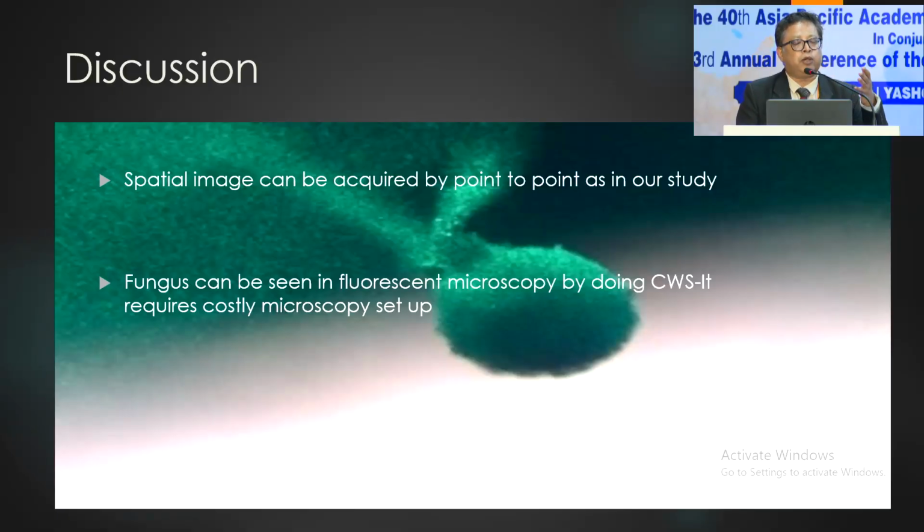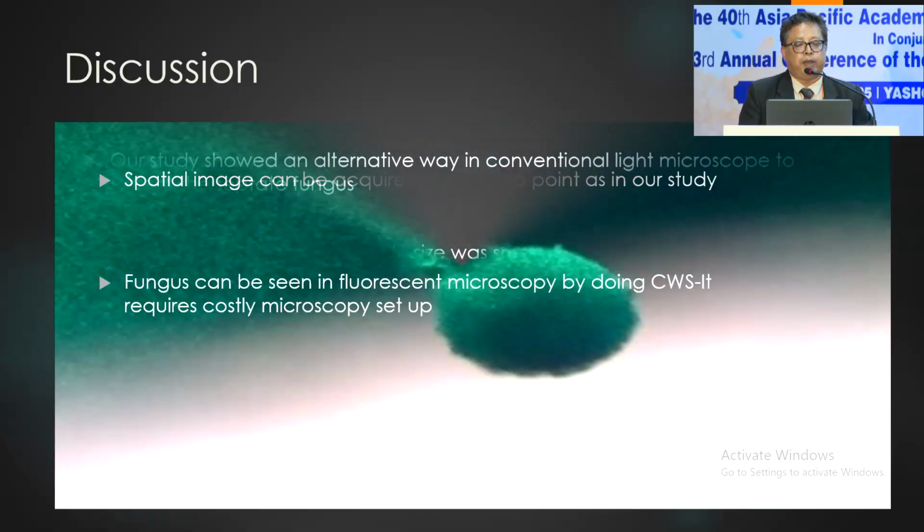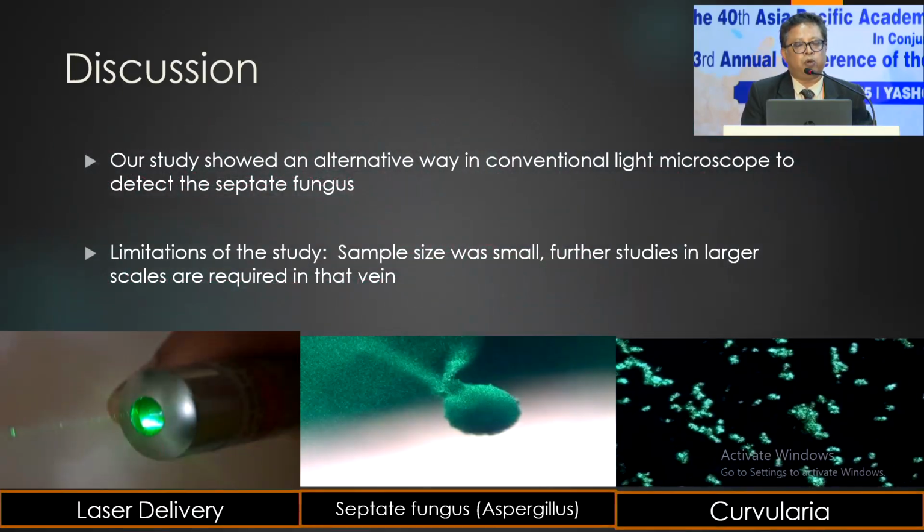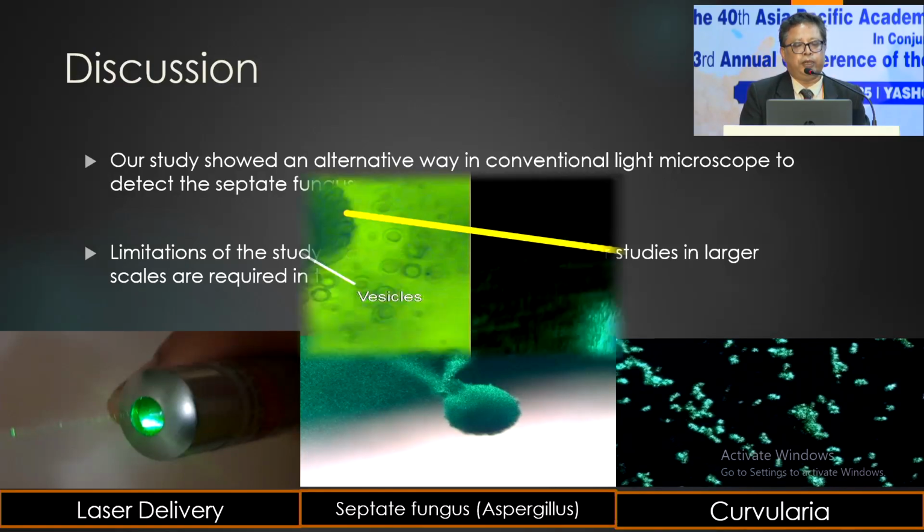But you require a fluorescent microscope, and I have done this in a compound microscope. Our study showed an alternative way to conventional light microscopy to detect septate fungus. A limitation of the study was that the sample size was small, and further larger scale studies are required in that vein.